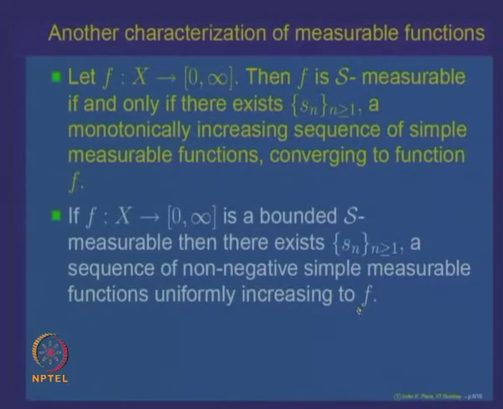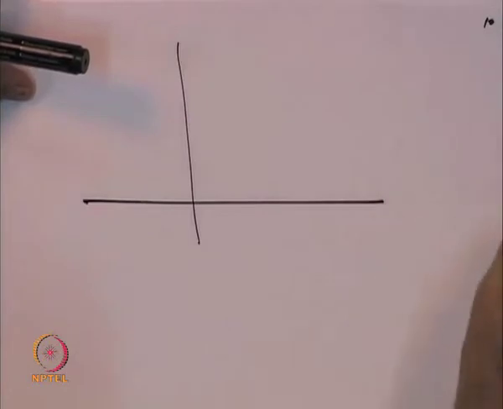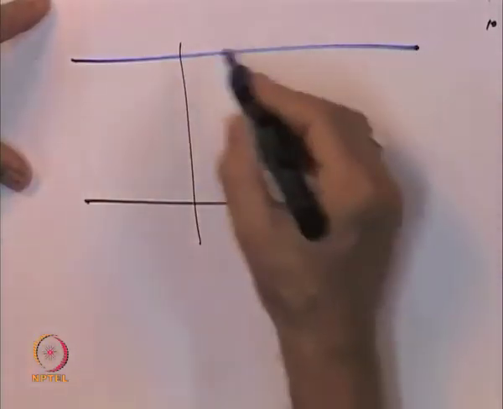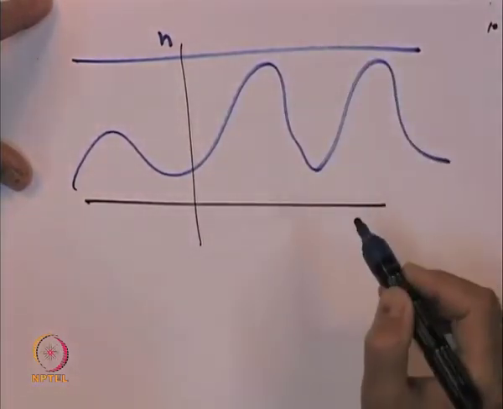So, to prove that it converges uniformly, let us just observe, because the function is bounded, what does that mean? That means f is a bounded function. So, its graph is going to stay below some n, so that the graph of the function always stays below this, right.